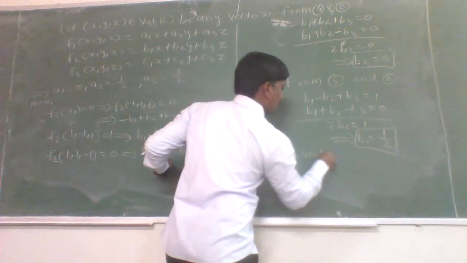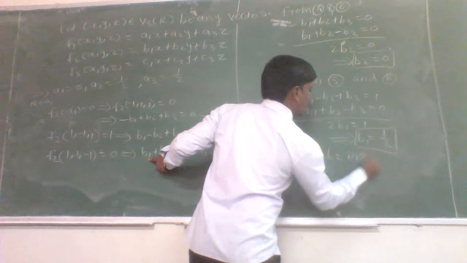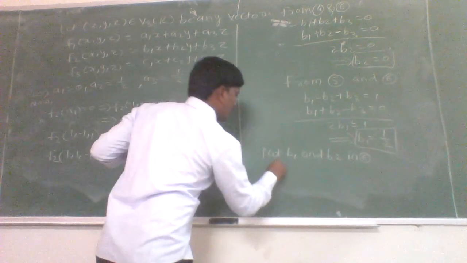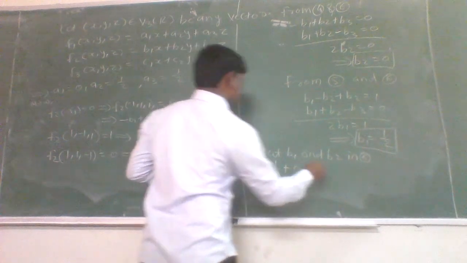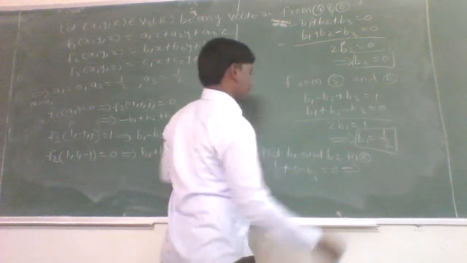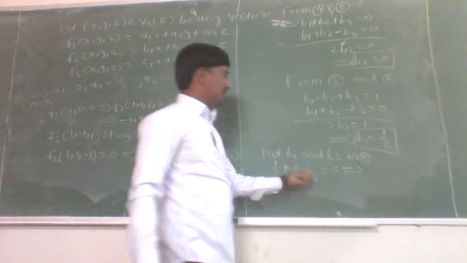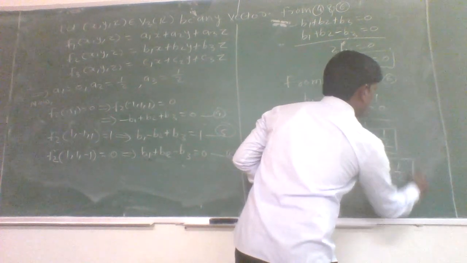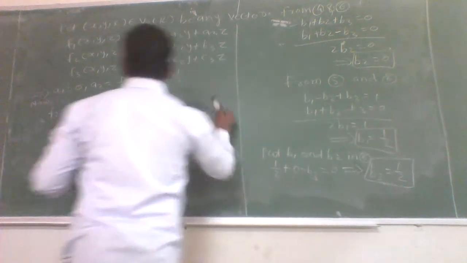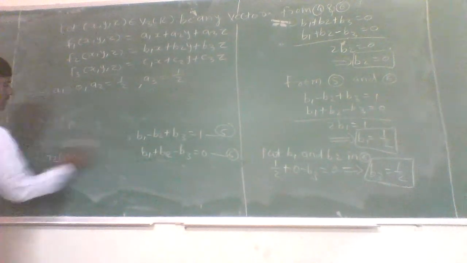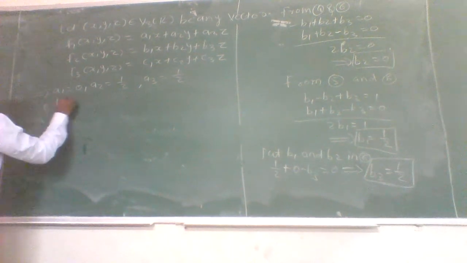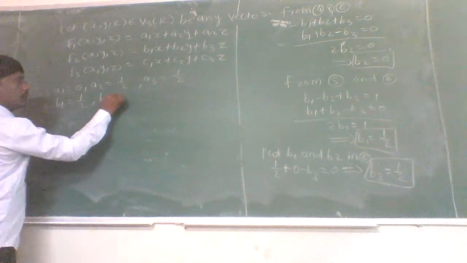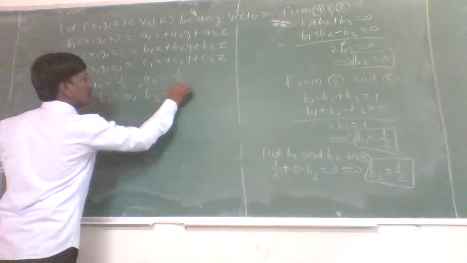We get B1 is 1 by 2 plus B2 is 0 minus B3 is equal to 0, which implies B3 is 1 by 2. So B1 equal to 1 by 2, B2 equal to 0, and B3 is equal to 1 by 2.